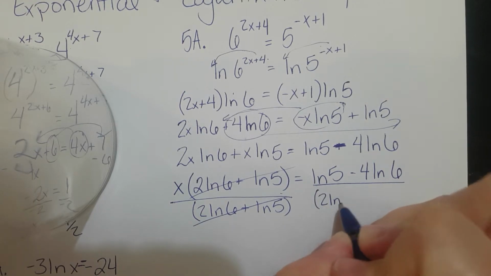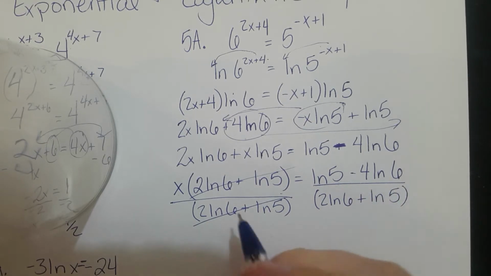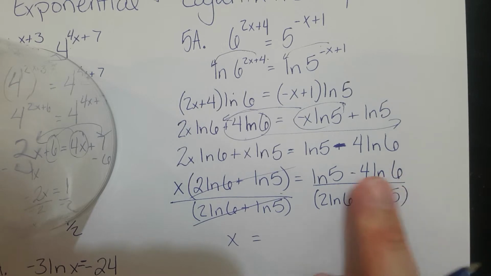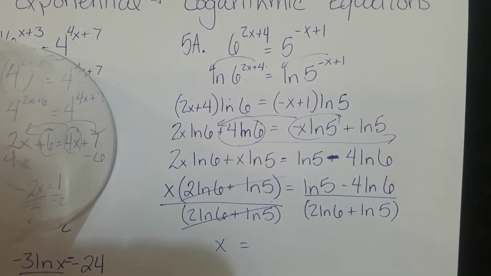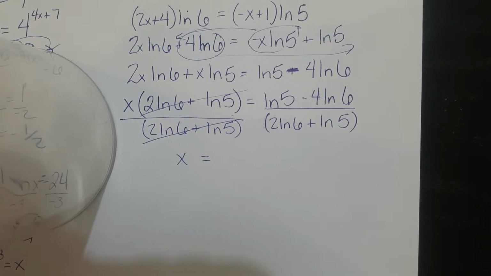So on this side, you'll have 2 ln 6 plus ln 5. Even though this looks really complicated, it's actually very nice. It has no variables, so that means you can do the whole thing in your calculator. So go ahead and get your calculator out.